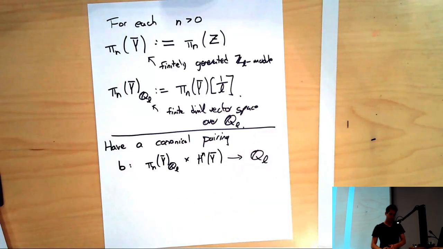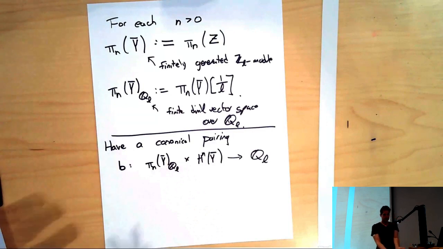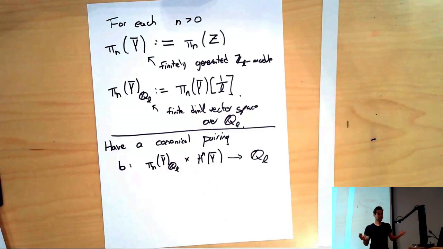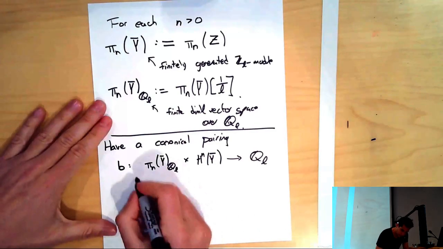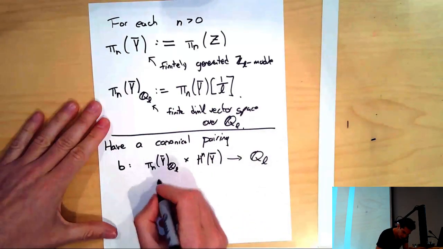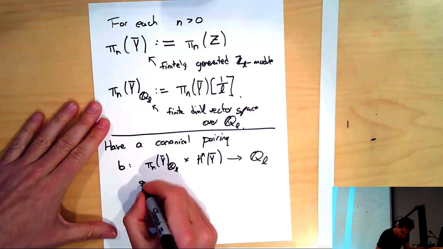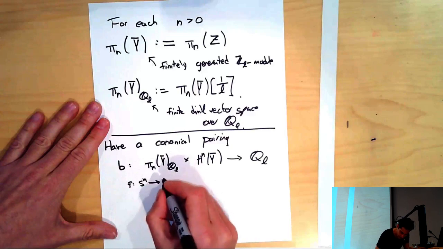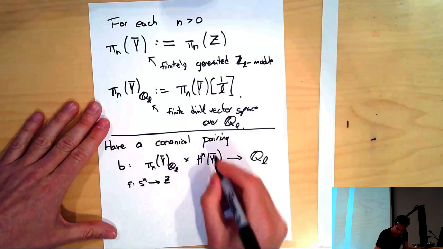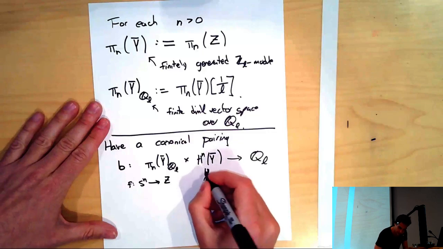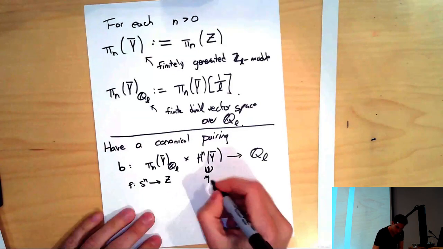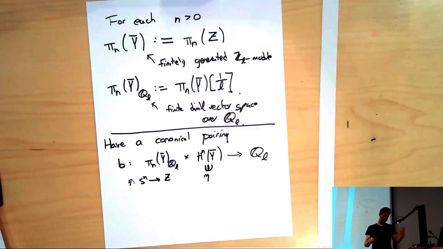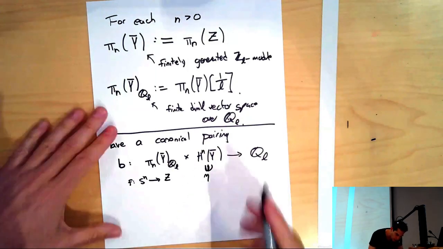And how should you think about this? Well, these invariants are the same as the invariants that you would get by taking the usual singular cohomology of the topological space Z. And if you think about this in the world of honest topology, an element in pi n of y bar is represented by a map f from an n sphere into this space Z. And maybe you have some cohomology class, eta, living in the cohomology of y bar with Q_L coefficients, which is the cohomology of Z with Q_L coefficients.